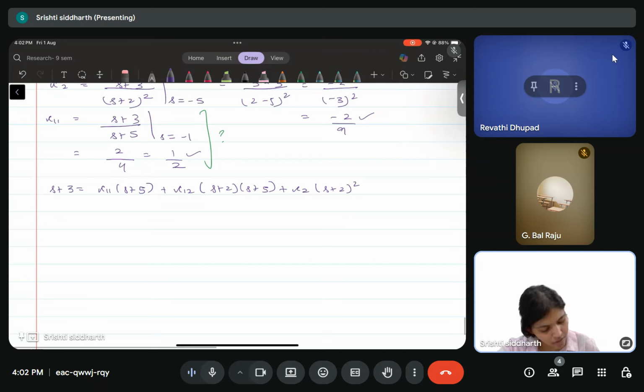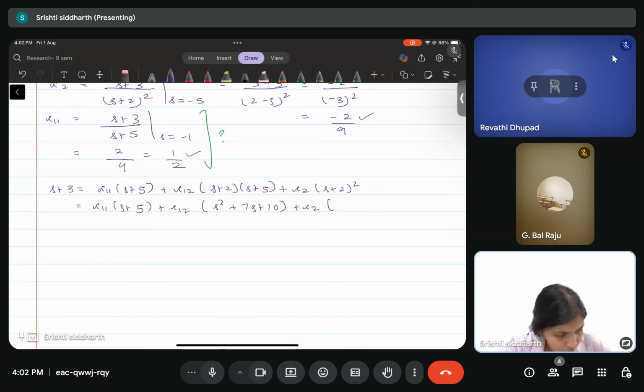So we can expand this. C11 (s plus 5). Let's quickly expand this also. So s squared plus 7s plus 10, and C2 (s squared plus 4s plus 4).